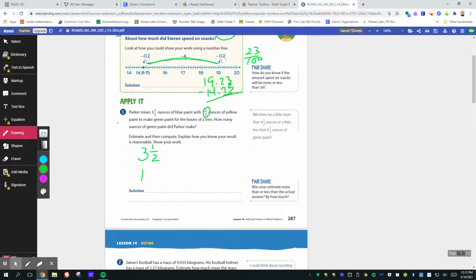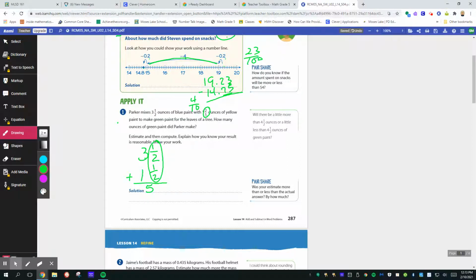Is 2/5 closer to 1 or is it closer to a half? Well, 2/5 would be the same as 4 tenths, which is about a half, because 5 tenths would be a half. So it's going to be about a half, but we know it's not exactly. So our answer should come out somewhere close to a half and a half is a whole, and 3 and 1 is 4. So our estimation is about 5 ounces.